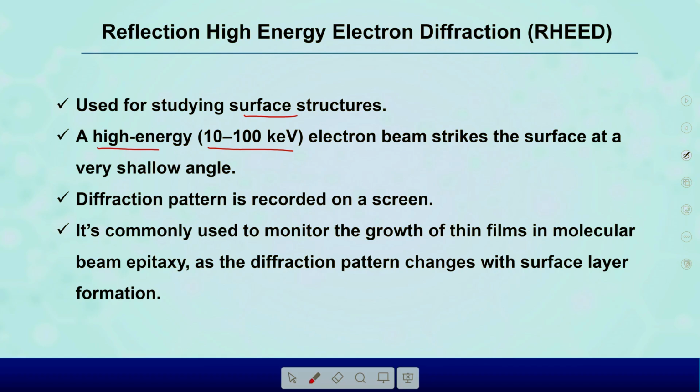The diffraction pattern is then recorded on a suitable screen. This method is commonly used to monitor the growth of thin films in molecular beam epitaxy, as the diffraction pattern changes with surface layer formation.